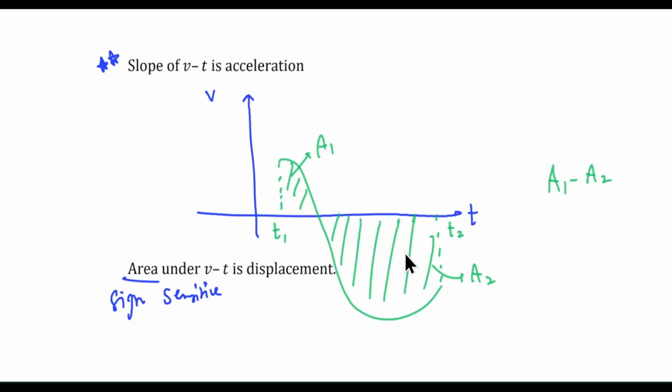Below the x-axis is a negative area, so this is the total displacement. However, if they are interested in acceleration, I'll just find the slope at any particular point. Over here, for example, it has a positive acceleration. Over here, a negative acceleration. Over here, a 0 acceleration. So this is how we can do all this.